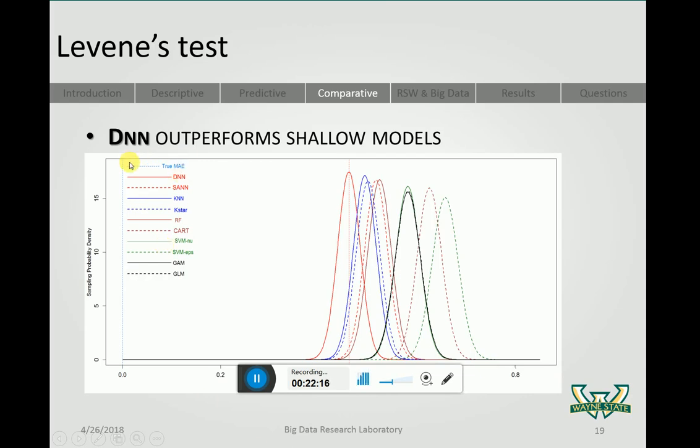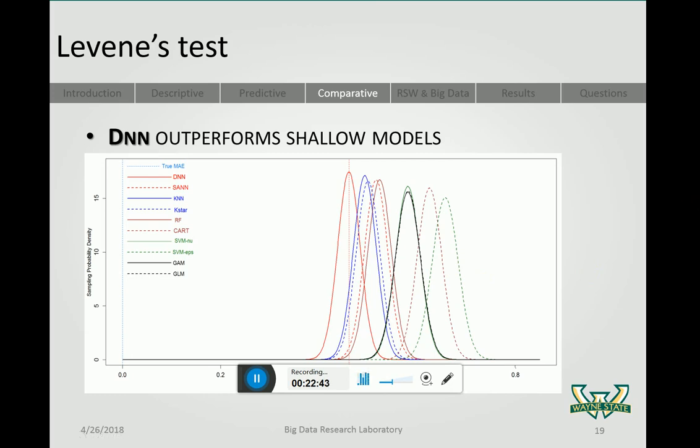So, again, flashing back to our normal distributions of performance and sampling probability density. Now, with more confidence, we can state that the deep neural net outperforms other models in terms of accuracy and variability in predictions.